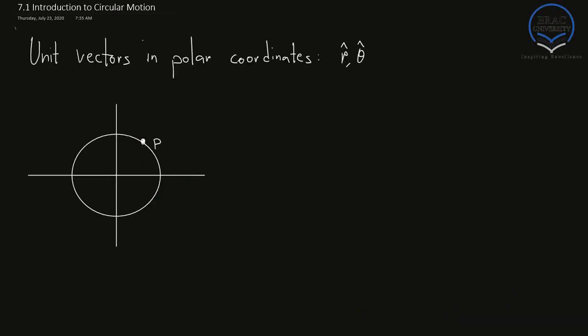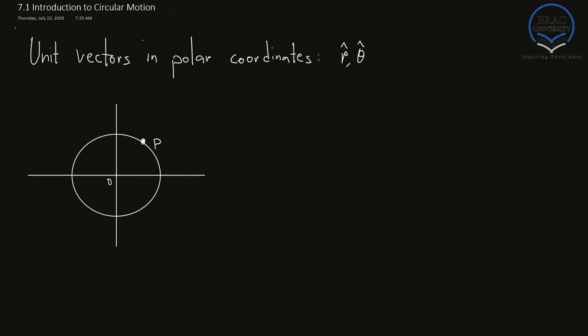Okay. To make full use of our polar coordinates, we need to set up unit vectors r hat and theta hat. It turns out that this is much more subtle than the simple i hat and j hat we had been using in Cartesian coordinates. So let's suppose we have a particle moving in circular motion about some origin O. Suppose at some time we've got the particle here at point P. How would you set up the unit vectors at point P, right?